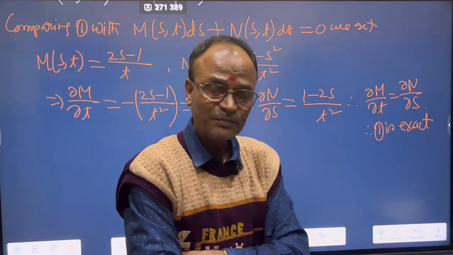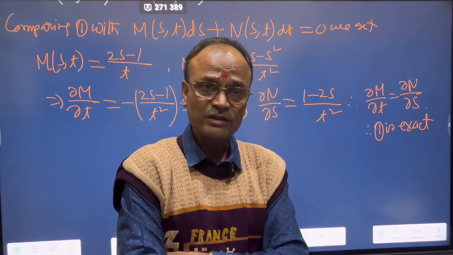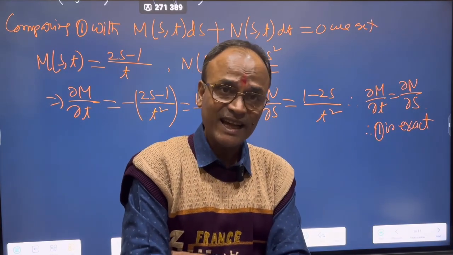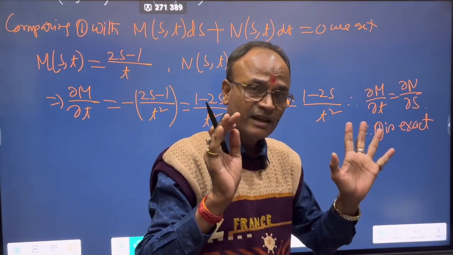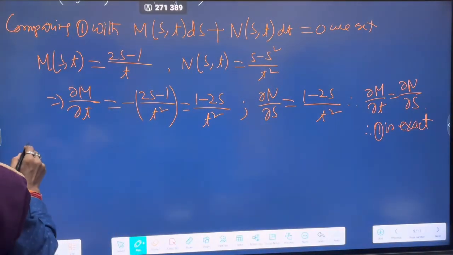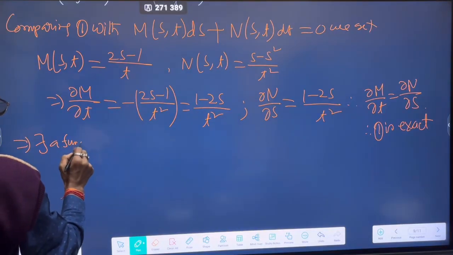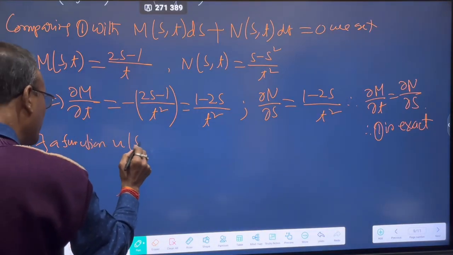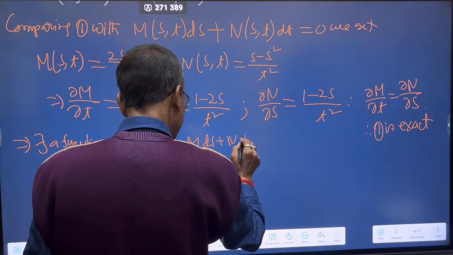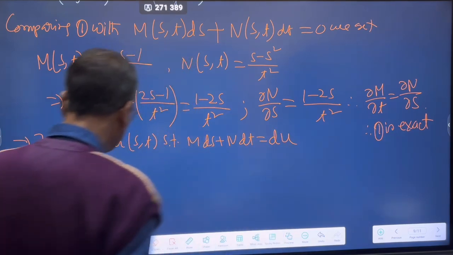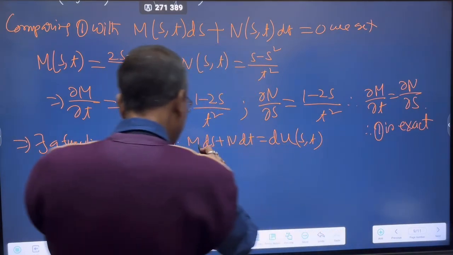Since 1 is exact, there exists a function u of s and t such that m ds plus n dt equal to du. Here m is a function of s and t.